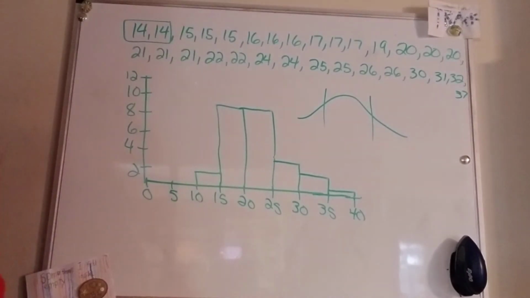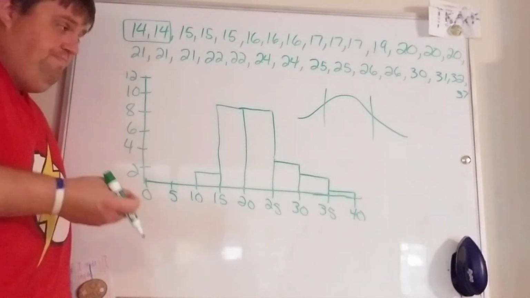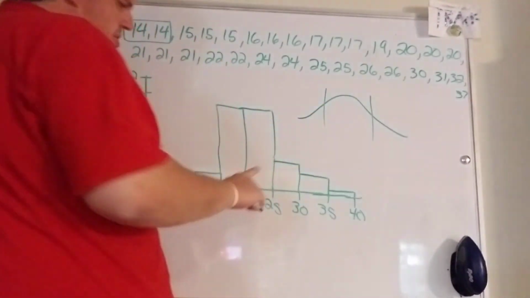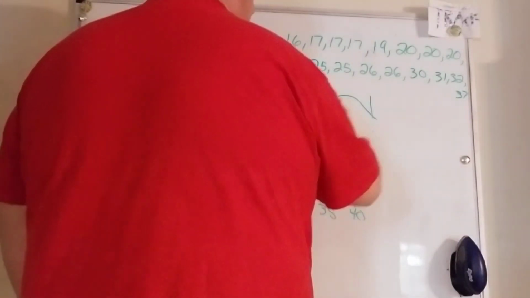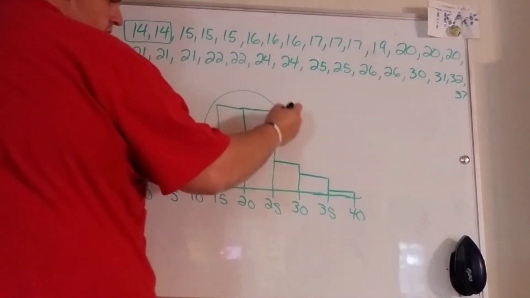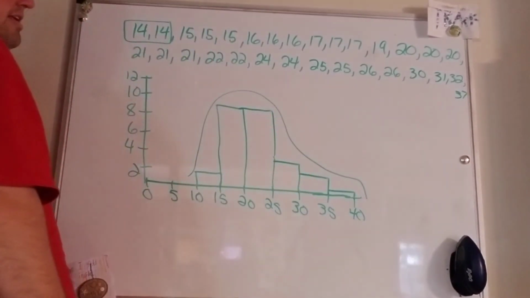If it's a normal distribution, then our histogram would look kind of like this. But notice this one doesn't really look like that.